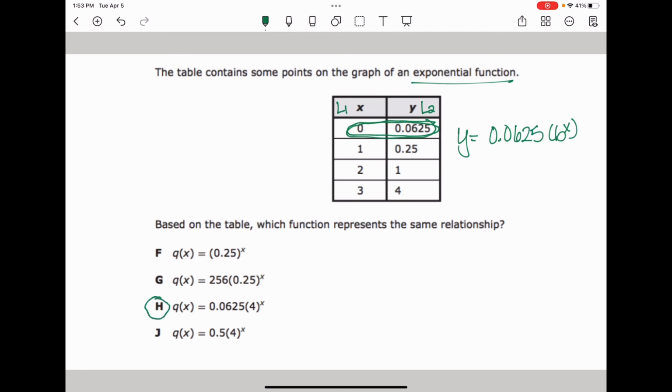But you can double check by entering this into L1 and L2. So remember, you're going to go to Stat and then choose Edit and enter into L1 and L2.